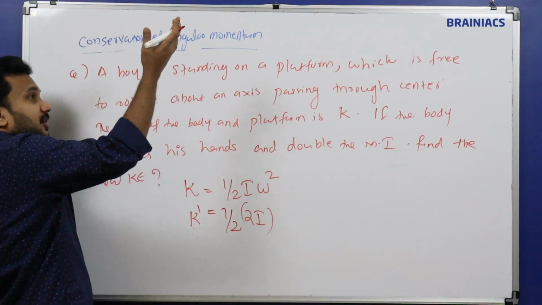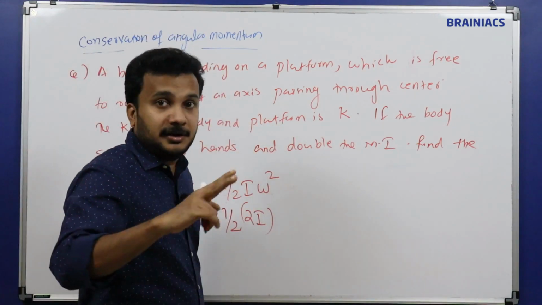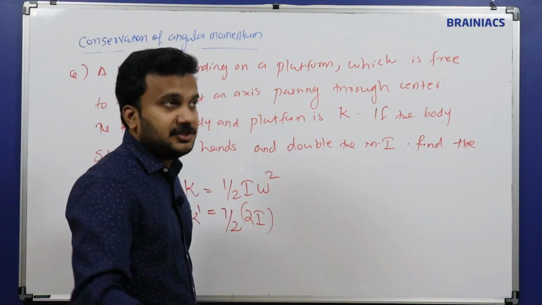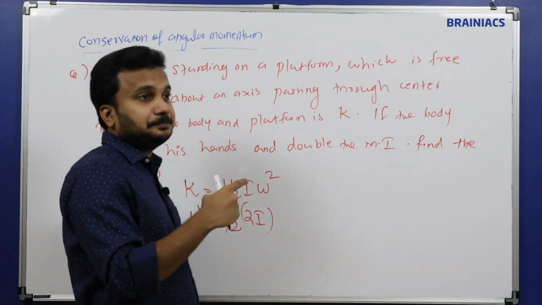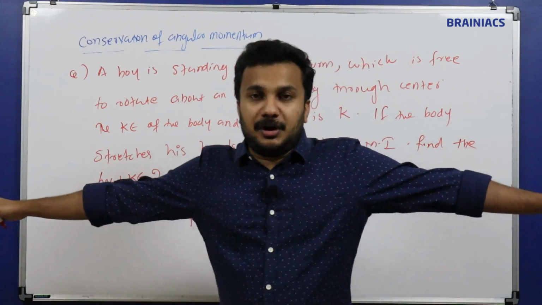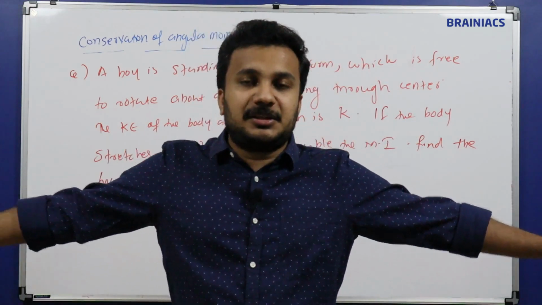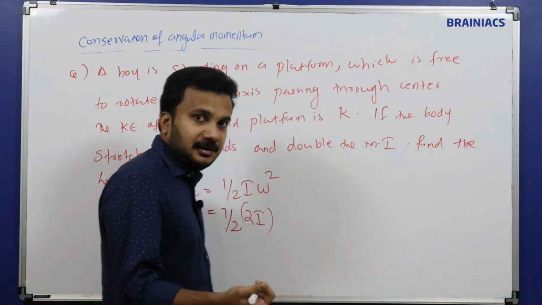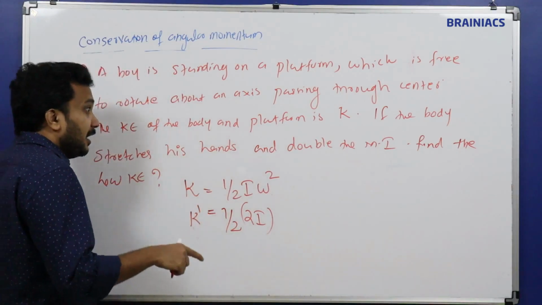If the moment of inertia is doubled, according to conservation, there is no external torque or external force, so omega will become half.